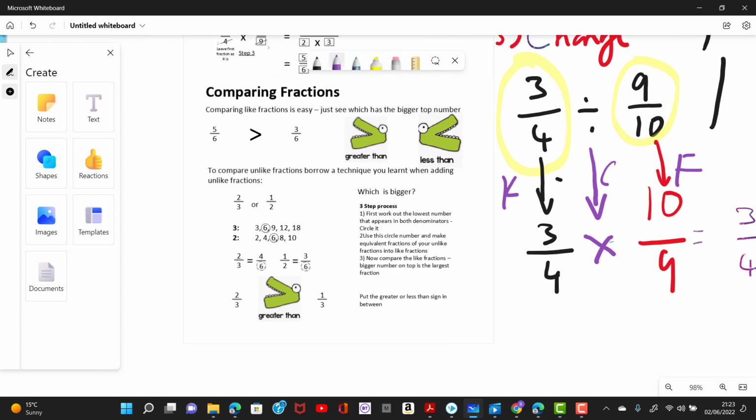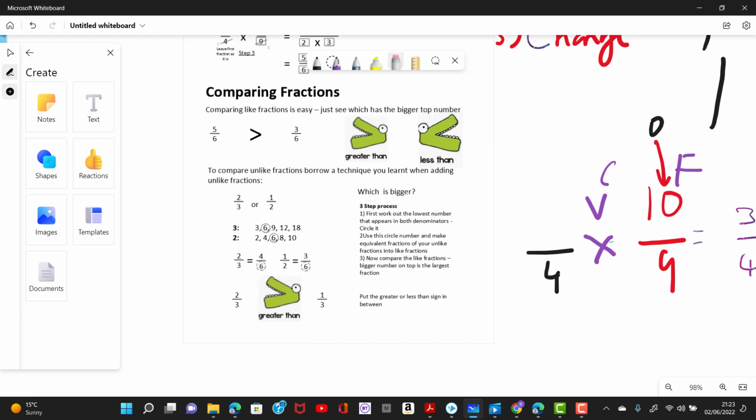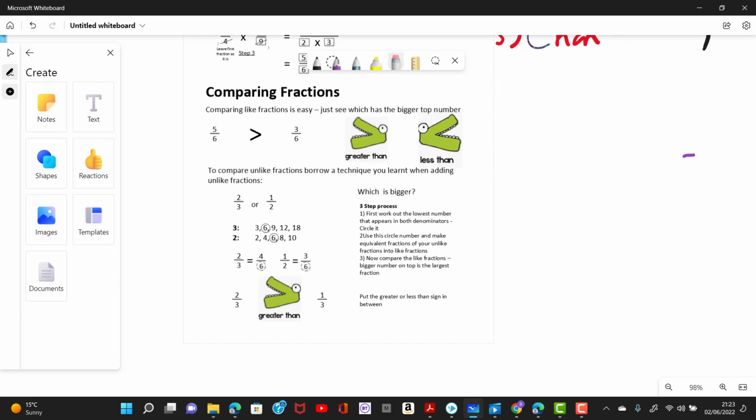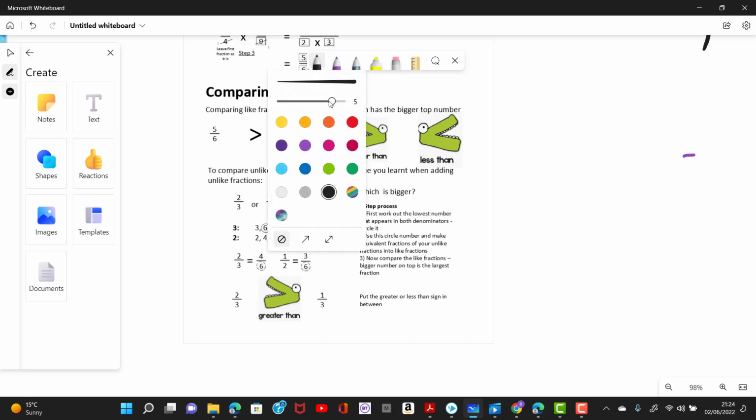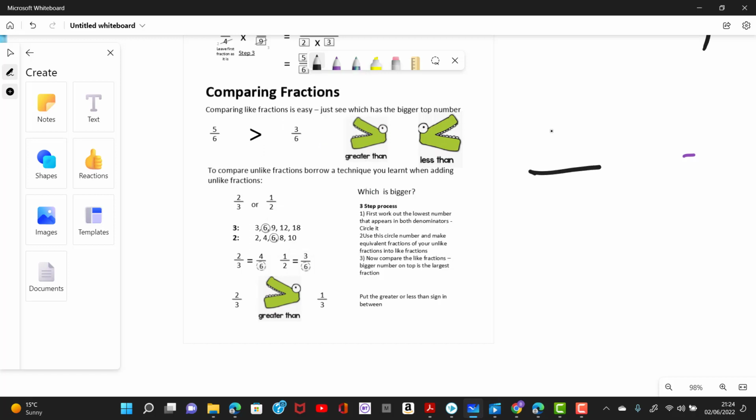Next one is comparing fractions. How do we compare fractions? Well, when the bottom number is the same, it's really easy to compare fractions. So we'll do that one first. Let's go for red. Okay, so let's give an example. We've got 1 over 6 or 4 over 6, and we notice they've got the same bottom number.